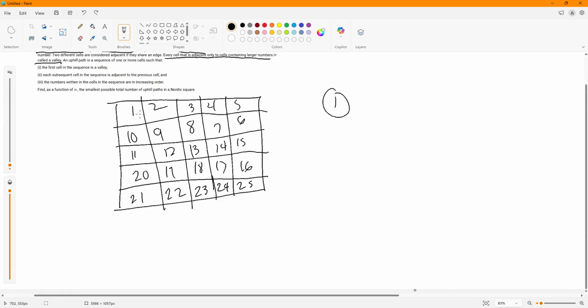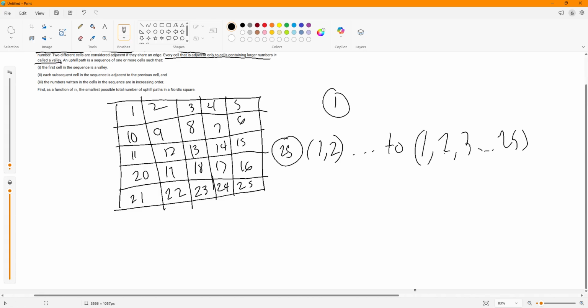Then there's one, two, three, up to 25, and once again there's 25 ways. Or this. No, not that, because 10 is not less than 9, or 9 is not greater than 10.